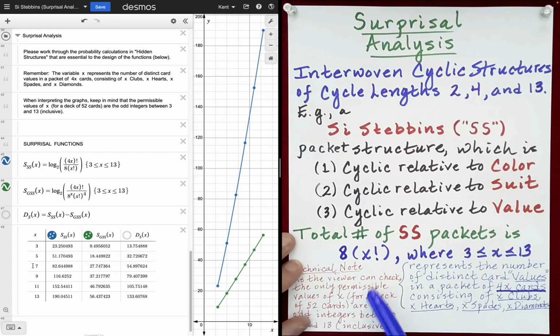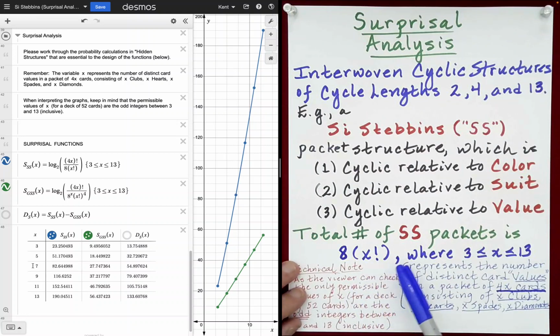And remember, x represents the number of distinct card values in a packet of 4x cards consisting of x clubs, x hearts, x spades, and x diamonds.